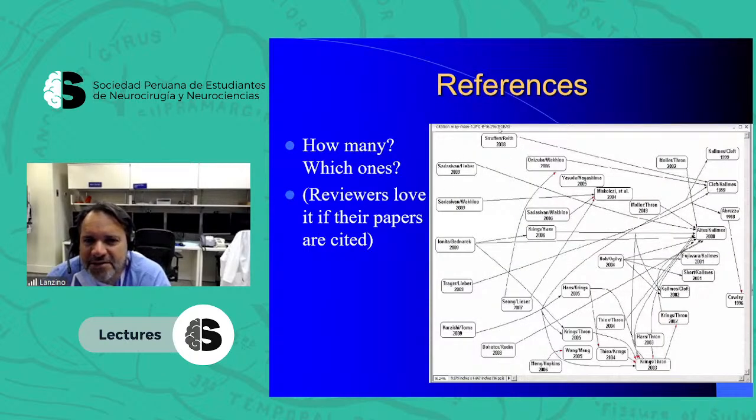The references, there is really not a magic number. Make sure you have all the pertinent references, and reviewers are very careful. If you're writing about something that whoever is reviewing the paper has written before, and they don't see their work cited, well, that's something that, even subconsciously, leaves the reviewer with a bad impression.